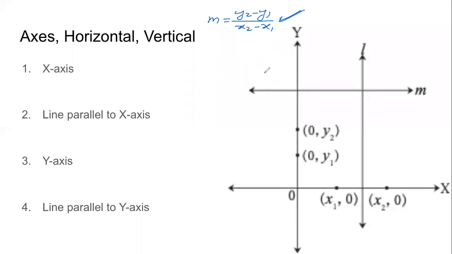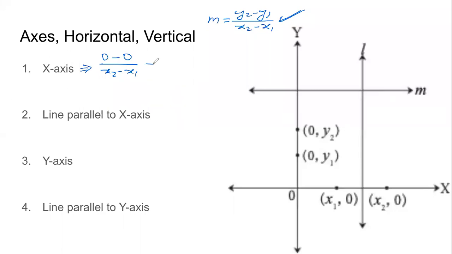First one is the x-axis. It's there on the diagram. It's there on the screen. If you remember, all the points on the x-axis, they have their y-coordinate as 0. So y2 will also be 0, y1 will also be 0. And let the x-coordinates be x2 minus x1.